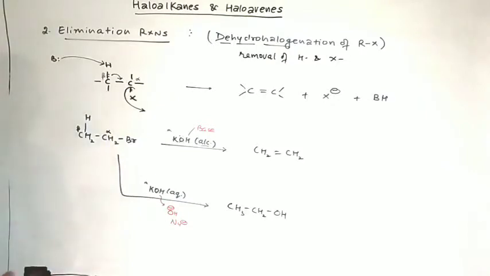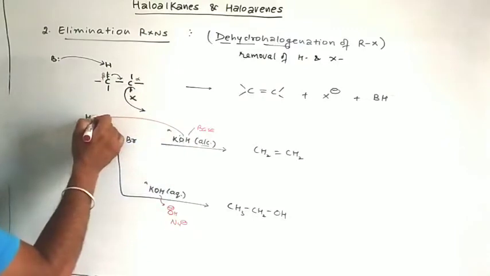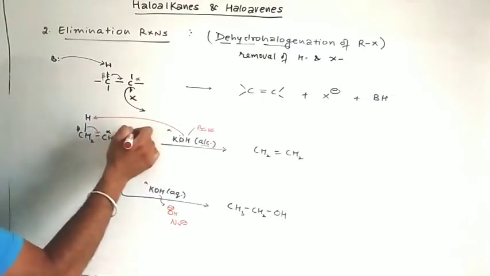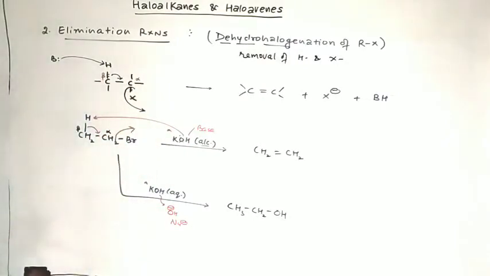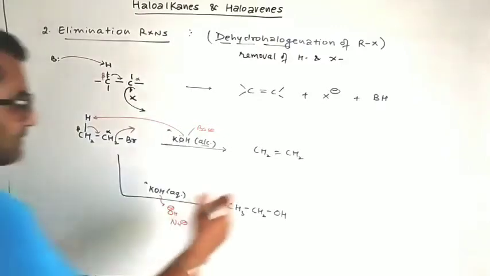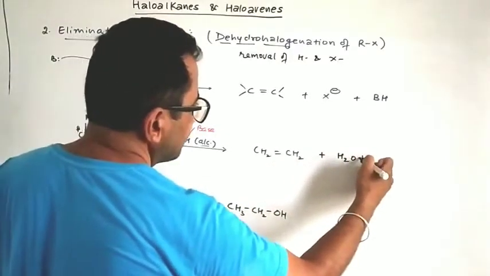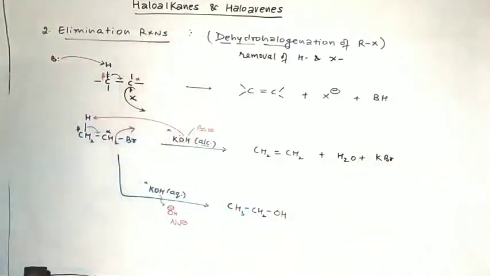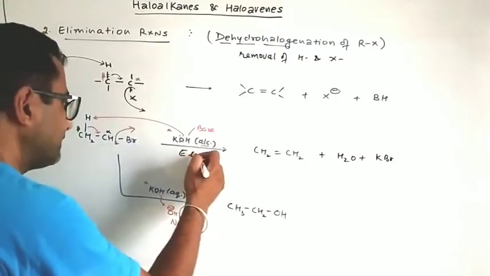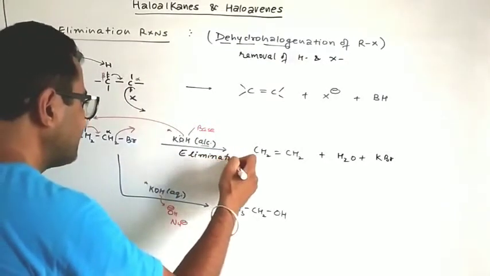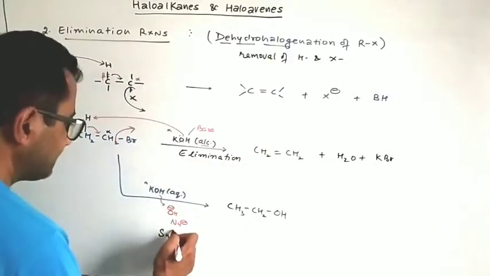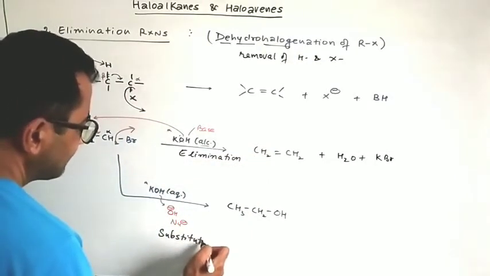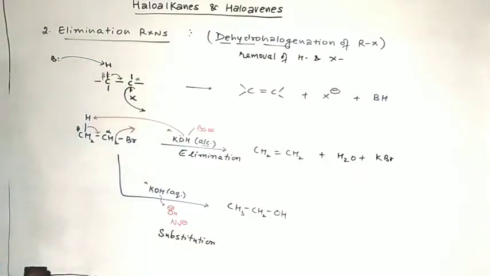So now what this base will do, this base takes out this hydrogen, the bond shifts here, Br goes out, to give ethene plus water plus KBr. So this reaction is elimination, and this reaction is substitution. That is the major difference between these two. Just writing alcoholic or aqueous makes a large difference in the product.